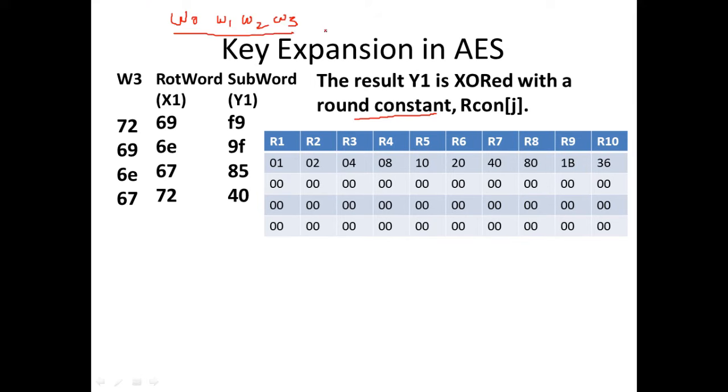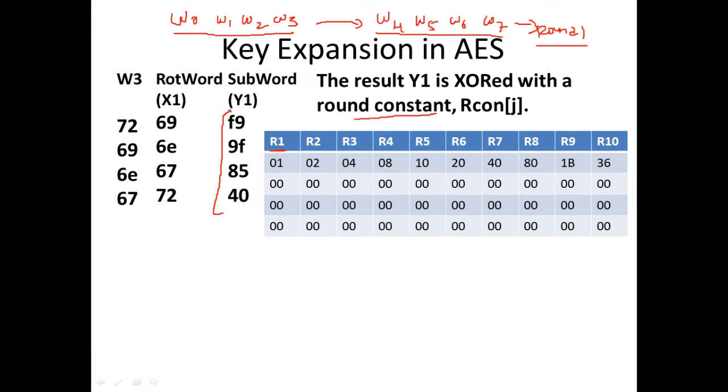From these four words we are going to generate the key, that is W4, W5, W6 and W7. So this is the subkey one that will be used in round 1. So this round constant will be used according to the subkeys you are generating for that particular round.